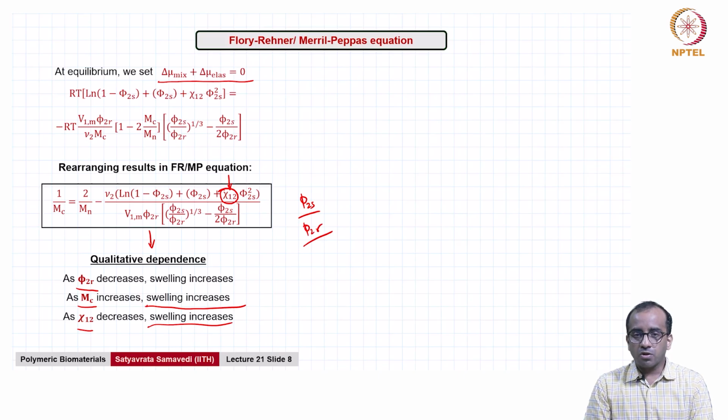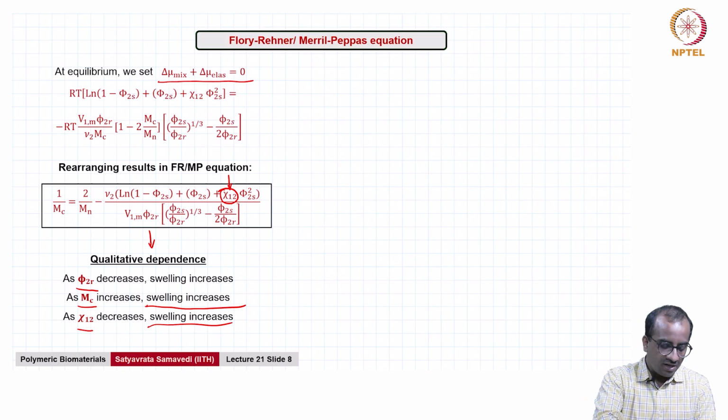The Merrill-Peppas equation also accounts for non-idealities such as loops and free dangling ends, such as those that we saw at the beginning of this lecture, which will not contribute to network elasticity. So, those will not contribute to the restorative elastic forces, so that has to be accounted for. So, the Merrill-Peppas equation accounts for all of these things.